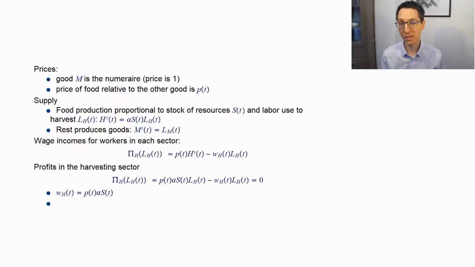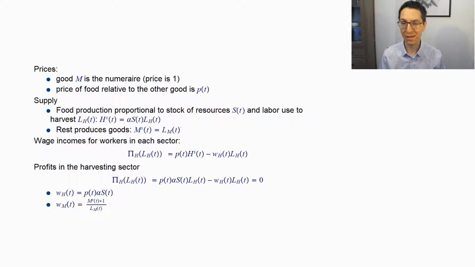Now a similar argument can be made for the other sector. The compensation of islanders who choose to work in that sector is simply their productivity. And we must remember that the sales price in the other sector is 1, so we can infer that the wage rate will simply be, so we write it as W_M,t, equal to the total value produced, which is M^S_t multiplied by 1, the price, divided by the total number of labor in that sector, L_M,t.